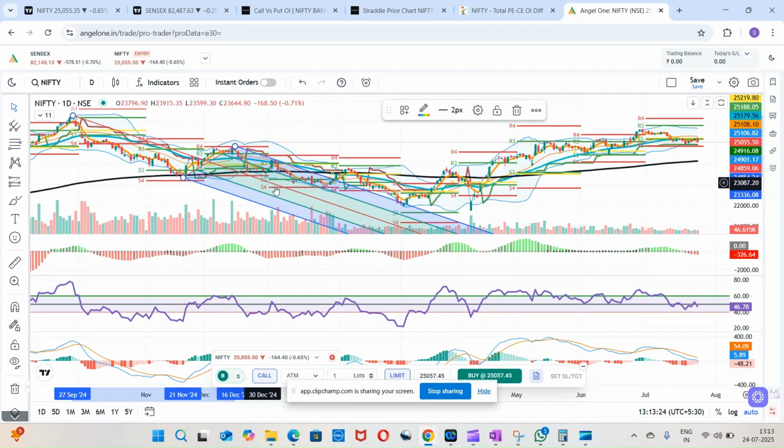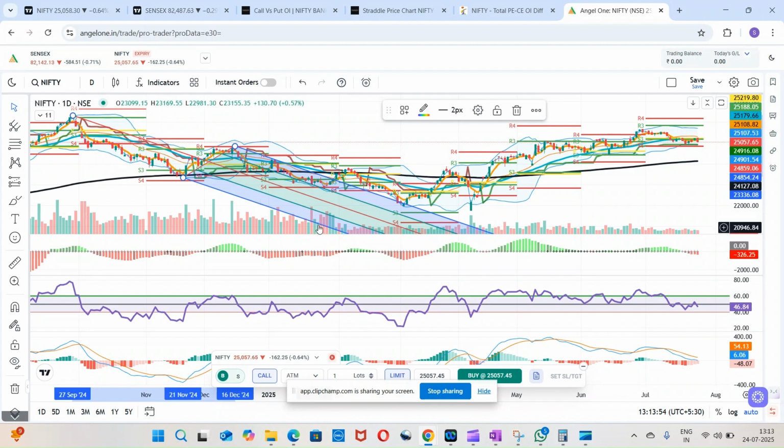This middle line is the median, and the top and bottom ones act as resistance and support. As you see, the price did gravitate towards the median, and then took resistance here, and again it comes towards the resistance line, and once it breaks this resistance line, you can take an uptrend direction. But it does gravitate towards the median.